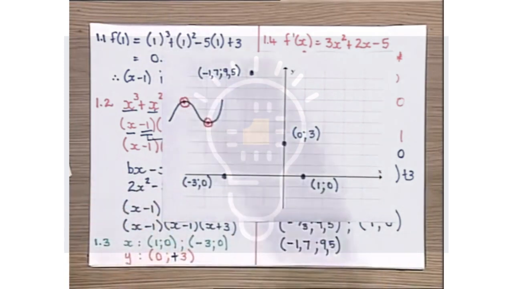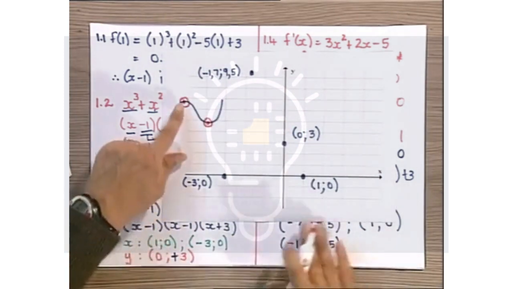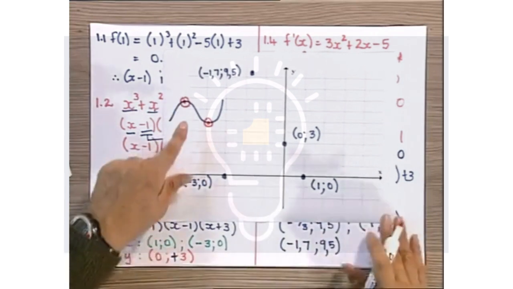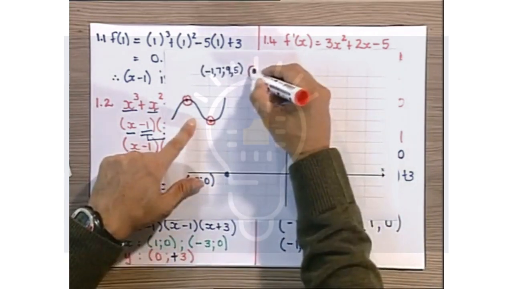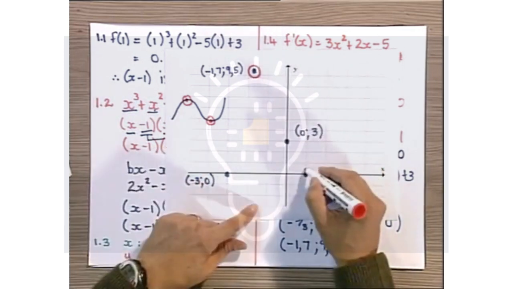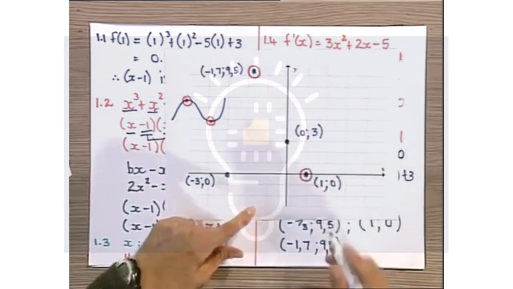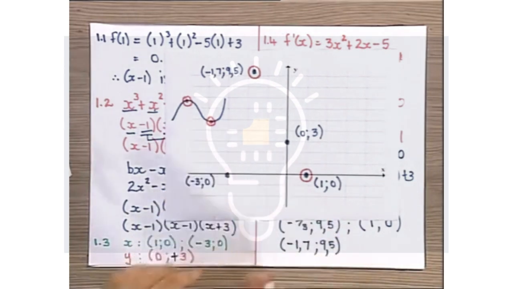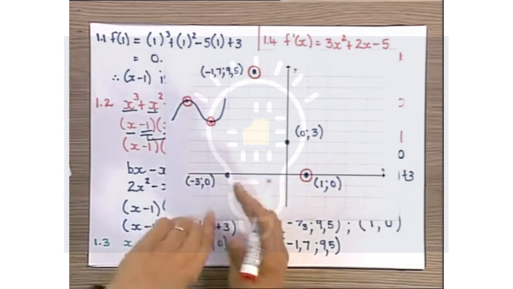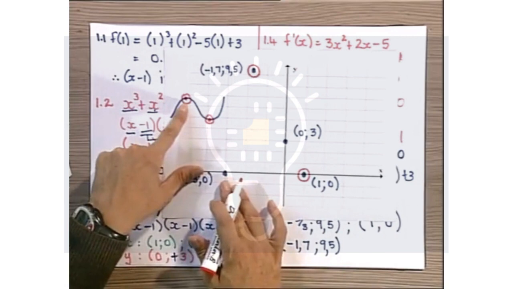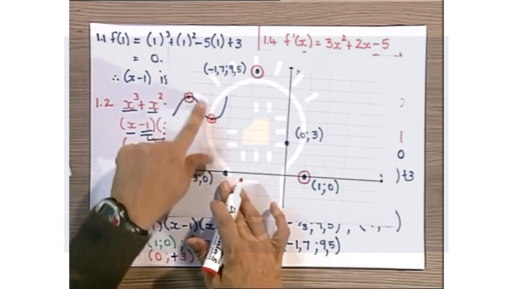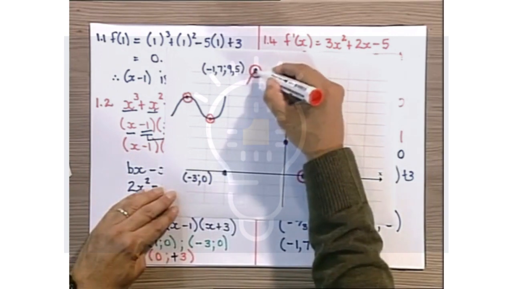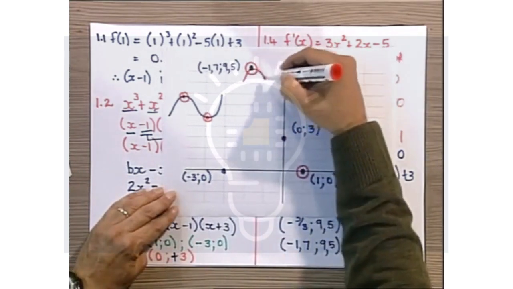So what I always tell the learners, can you see what I did over there? Circle your turning points. Now remember, this is the one turning point, and there's your other turning point. Because if you do that, then it gives you an idea where it must turn. Now look carefully. On the left-hand side, can you see it turned maximum? So if this is on the left-hand side, we know that must turn like that.